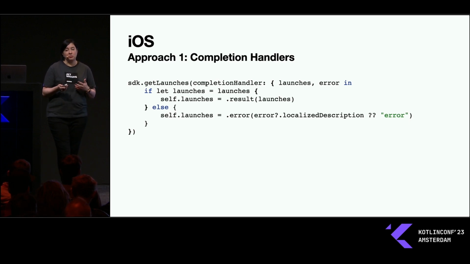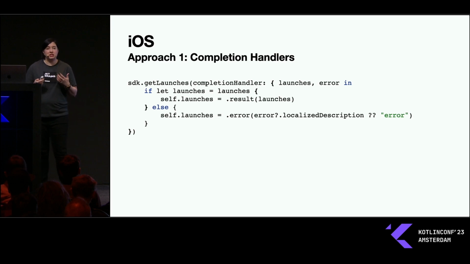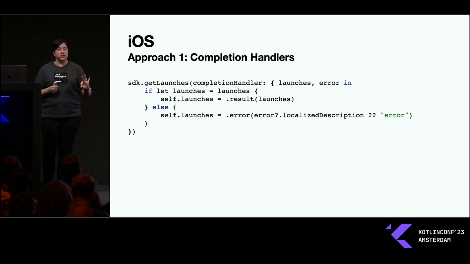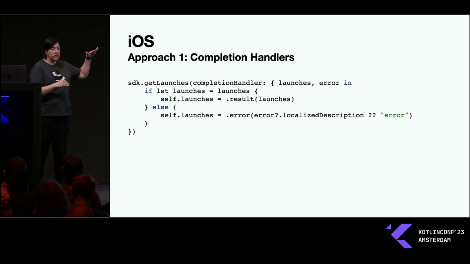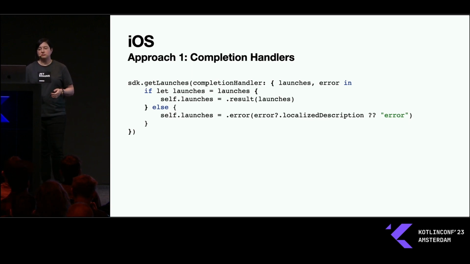On the iOS app, we have this published variable, which is an iOS concept, in our view model called launches. It's going to be displayed on the screen using SwiftUI. It has three states: loading, result and error. Loading is just going to show the spinner, result will show the full table, and error will show an error message.